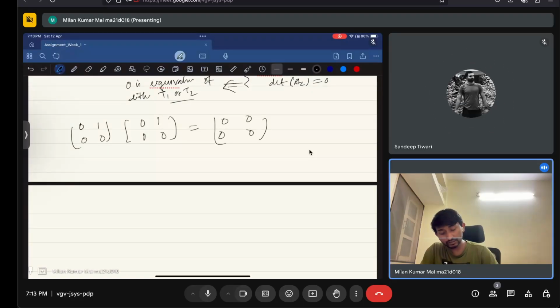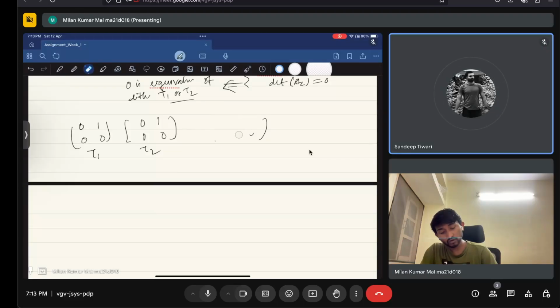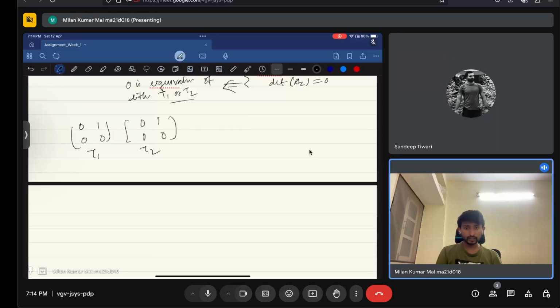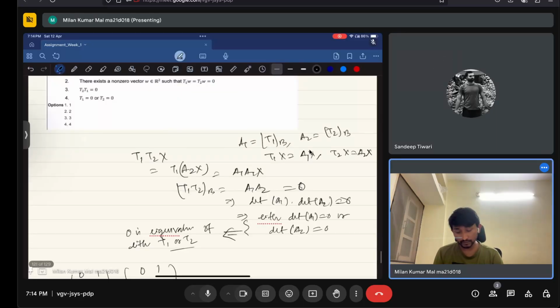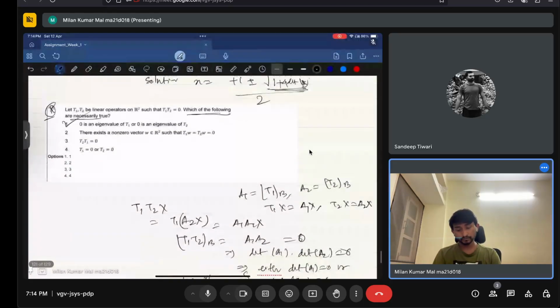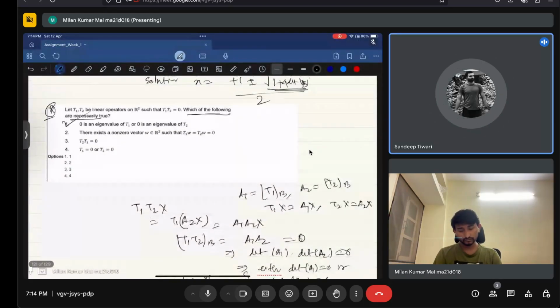So you can take this one as T1, this one as T2. Here we have 0 as the eigenvalue for both, they are the same. There is no problem. Here it is not said that they must be distinct. To give a counterexample for the second, it will not be a counterexample.